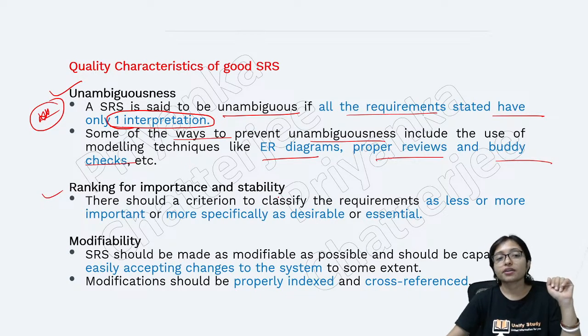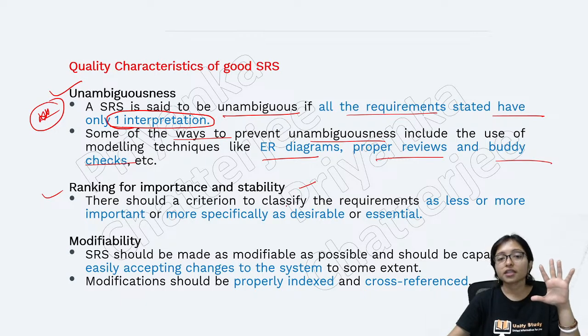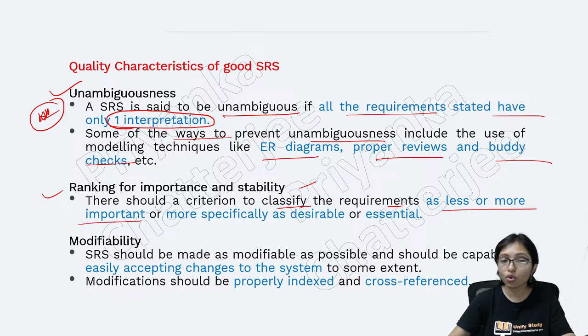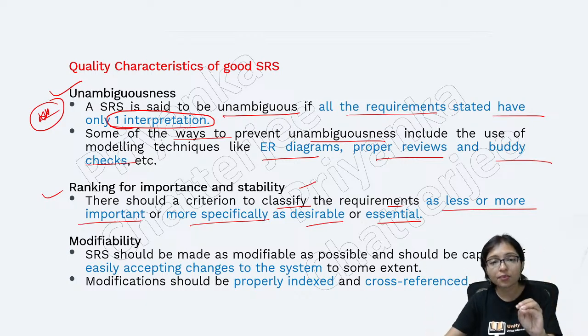Ranking importance. Ranking for the importance, like stability. The software should be stable. That is, classify the requirement as less or more important, or more specially as desirable or essential. The essential things should be working fine.